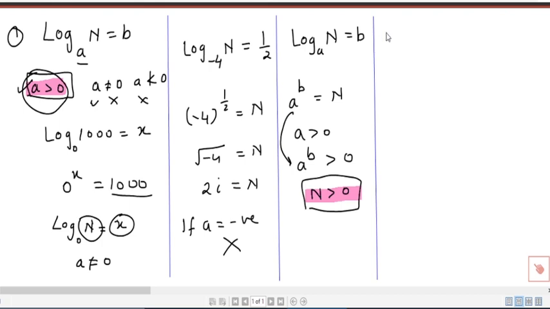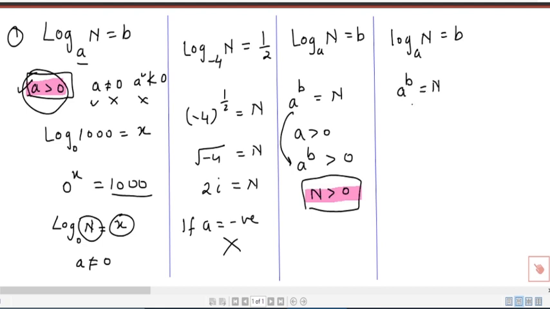So first I will write the equation. The log equation is log base a of some number n is equal to b. Then I am interested in finding what values b can take. The exponential form of this equation is a to the power b is equal to n.